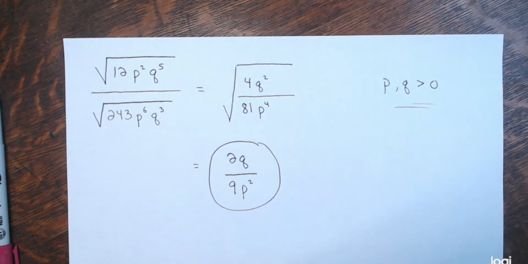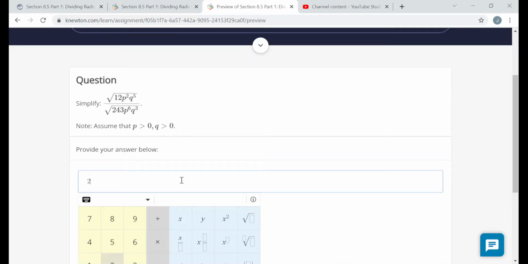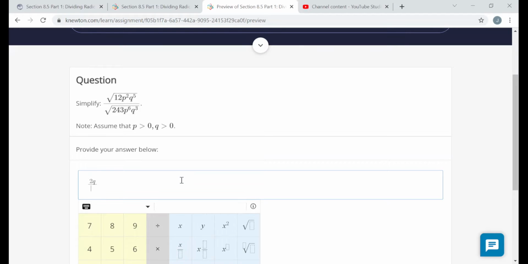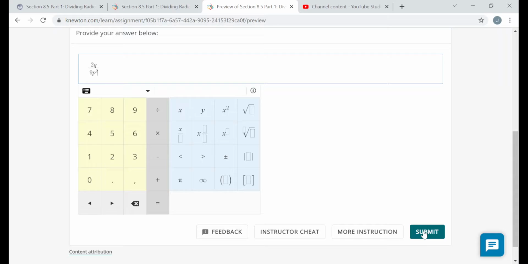And then that fraction is as simplified as it gets, right? So I have 2q in the numerator and 9p squared in the denominator. And that should be good.